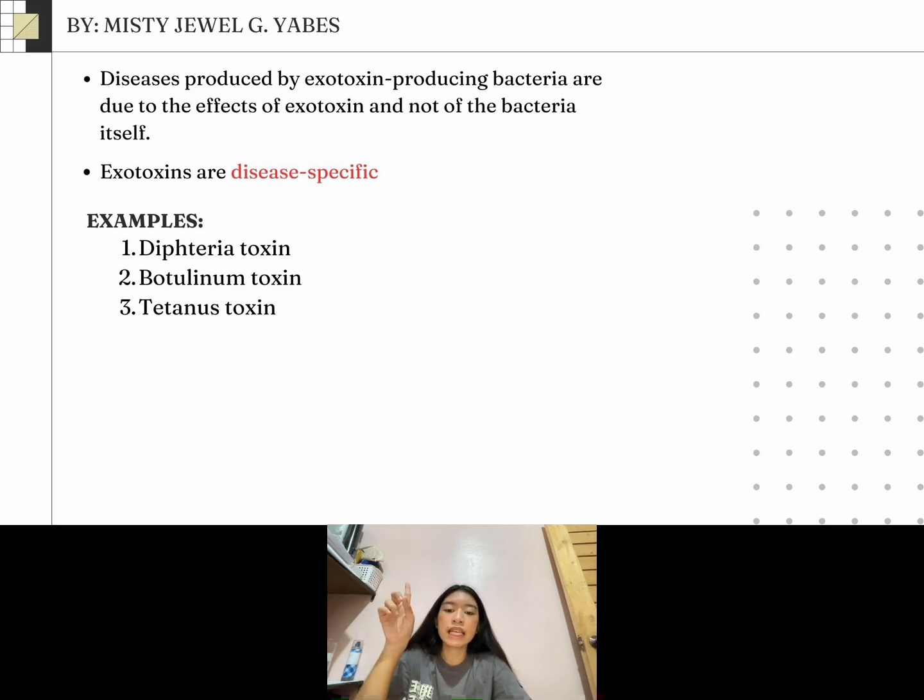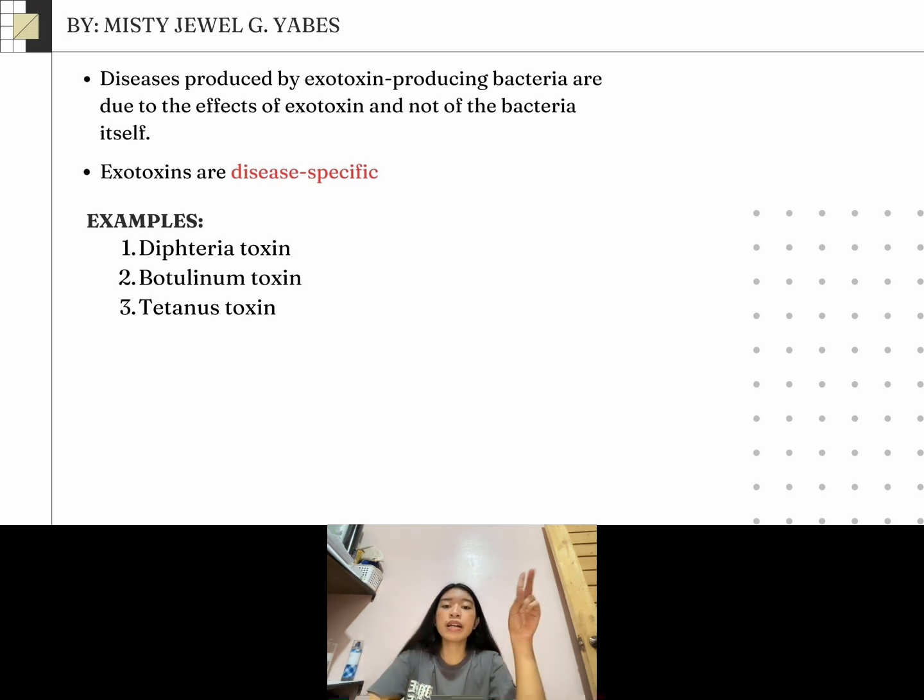Number 1 is D, number 2 is B, and number 3 is T. We have DBT. So, D stands for diphtheria toxin, B stands for our botulinum toxin, and T stands for our tetanus toxin. Okay?